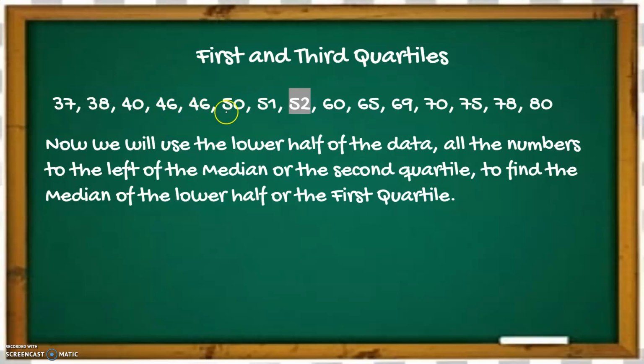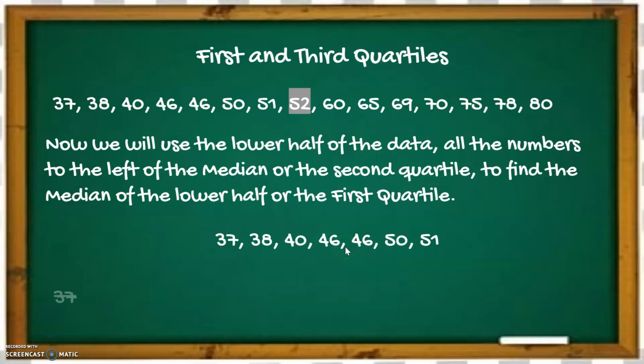So all the numbers to the left of the median is our lower half, and we're going to use those numbers in order to find the first quartile. Okay, so let's go ahead and keep going. So I pulled out the numbers 37, 38, 40, 46, 46, 50, and 51. Again, this is the lower half of the data. So we're going to find the median of the lower half, which will serve as our first quartile.